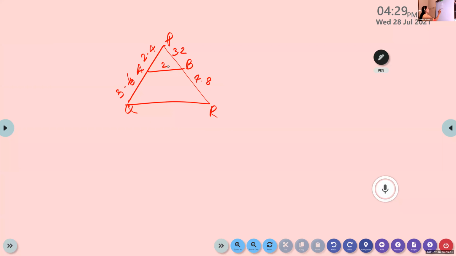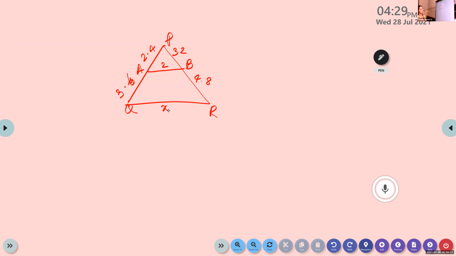Here it is 2, this is X. How will you do this? Only this is given. You are asked to find X.